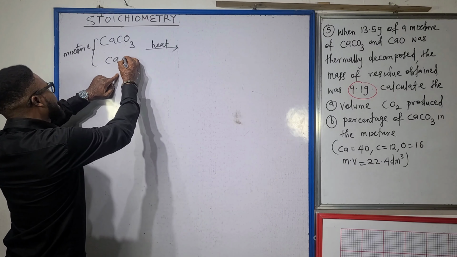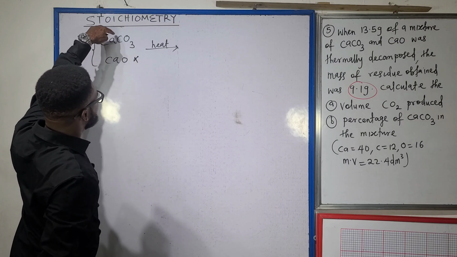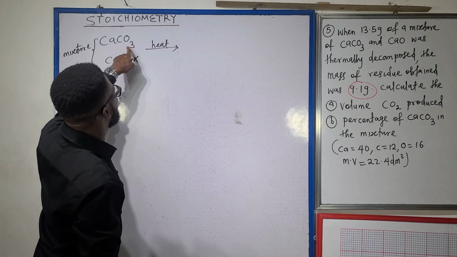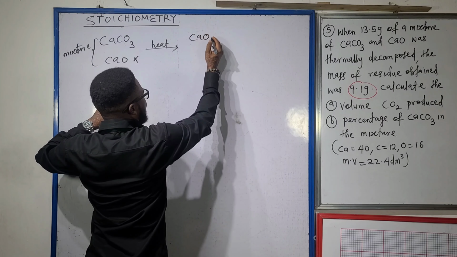Normally calcium oxide cannot decompose on heating, but calcium carbonate will decompose. And when calcium carbonate decomposes, it is going to give us calcium oxide.